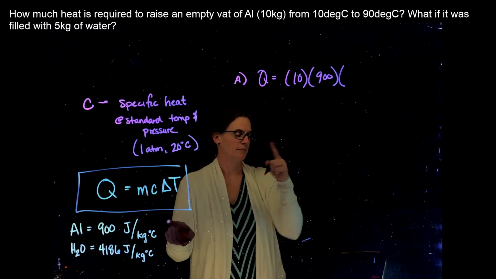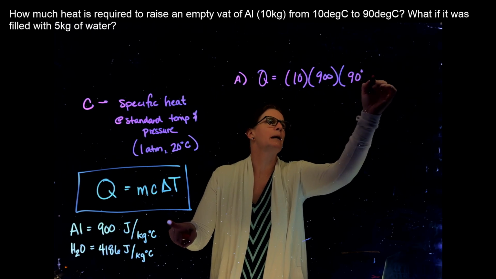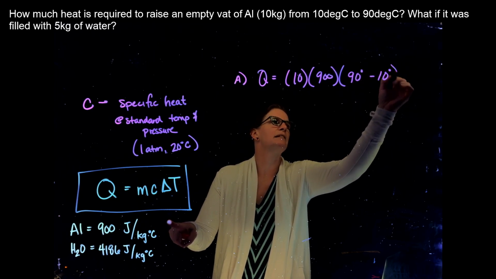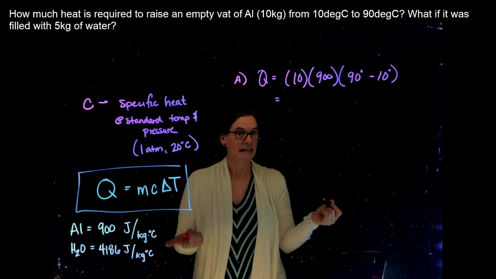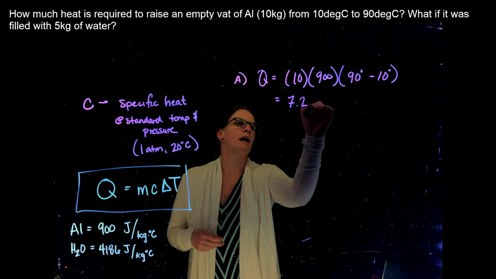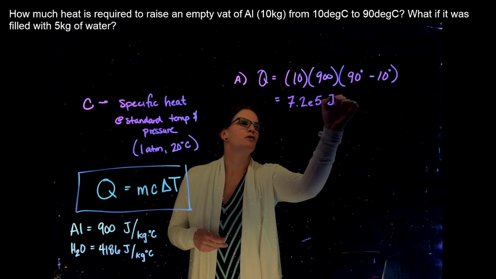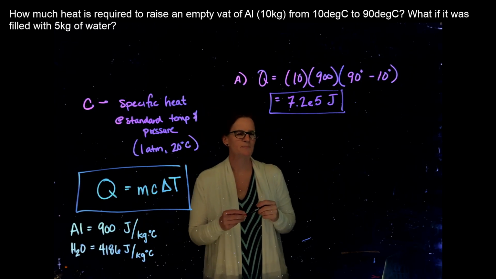So our final temperature minus our initial temperature. So that is 90 degrees minus 10 degrees. And we find that the heat required is 7.2 times 10 to the 5th joules. So that is part A. So just using that relationship.